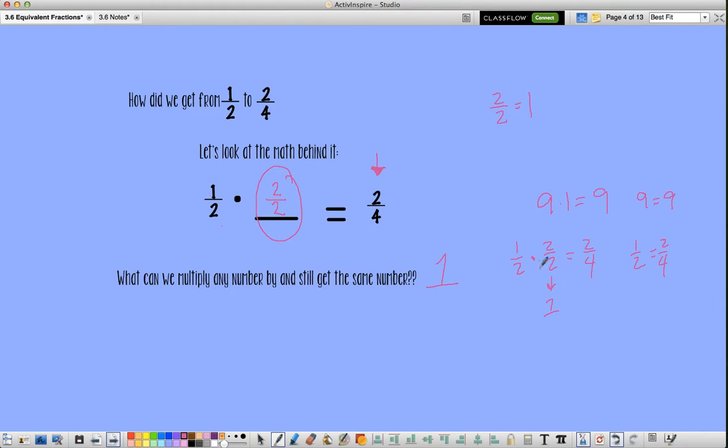You're multiplying by a different form of 1 to get an answer that is equal but uses different numbers. So remember, whatever number you multiply by, it has to equal 1. If it doesn't equal 1, then you didn't use correct numbers. So if you have 2 and 3, then it's not equivalent anymore.